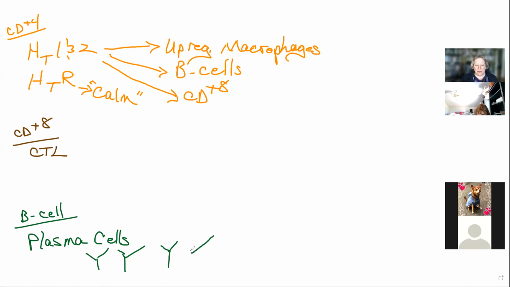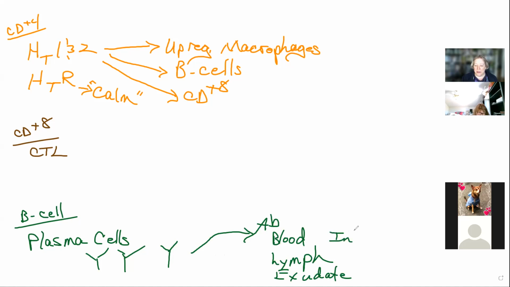So these antibodies go out into the fluids of the body: the blood, the lymph, the exudate, the interstitial fluid. In other words, you get bathed in these lovely antibodies.